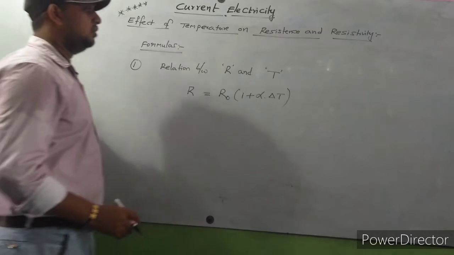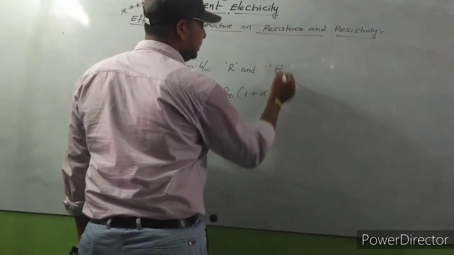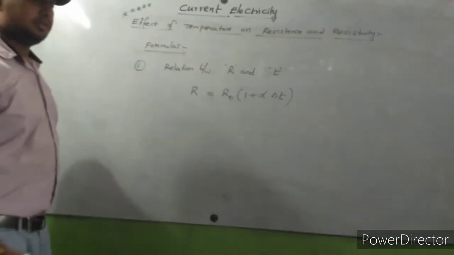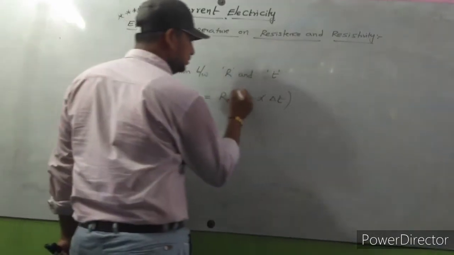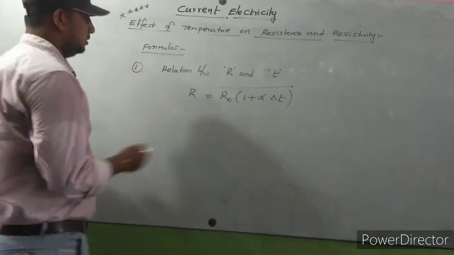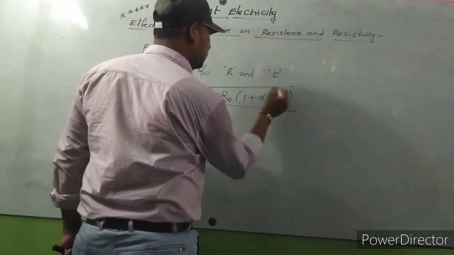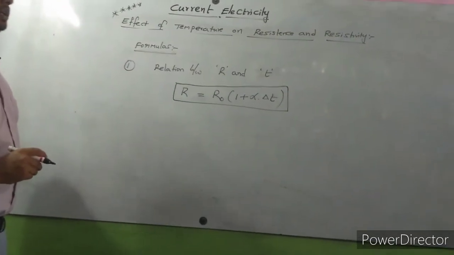Resistance R is equal to R naught into 1 plus alpha into delta T, where delta T is small t. So this is a very important formula.